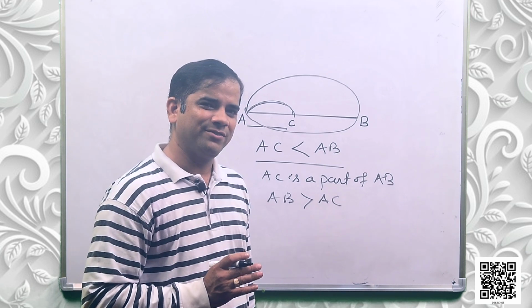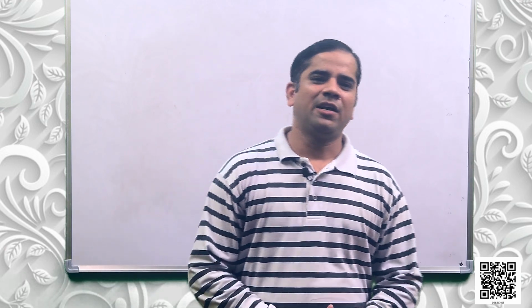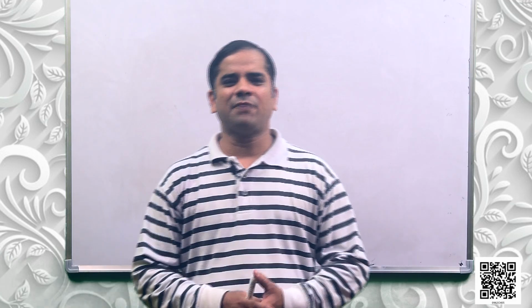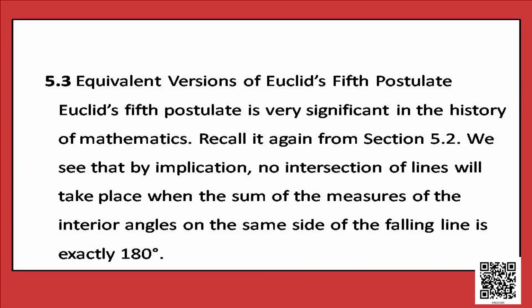Hope you understood. Students, we have completed exercise 5.1. Now let us discuss some more concepts about Euclid's geometry: equivalent versions of Euclid's fifth postulate. Euclid's fifth postulate is very significant in the history of mathematics.